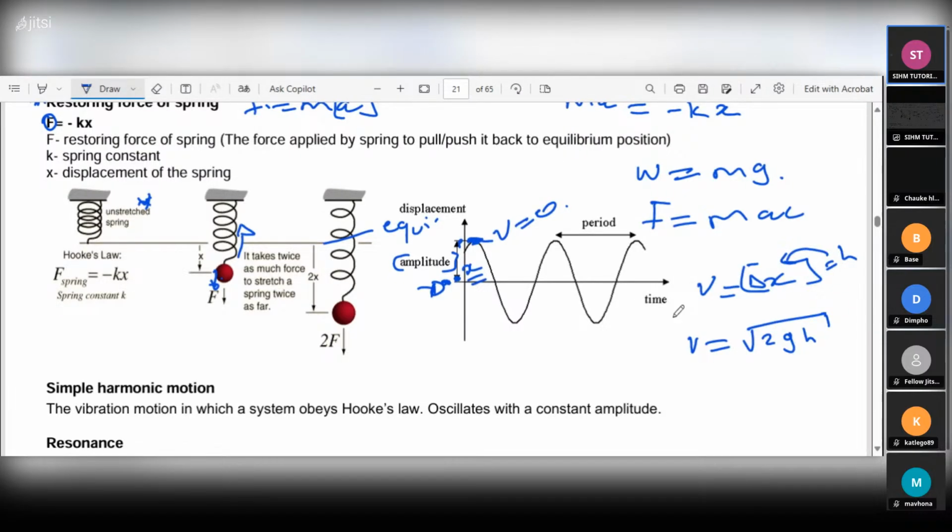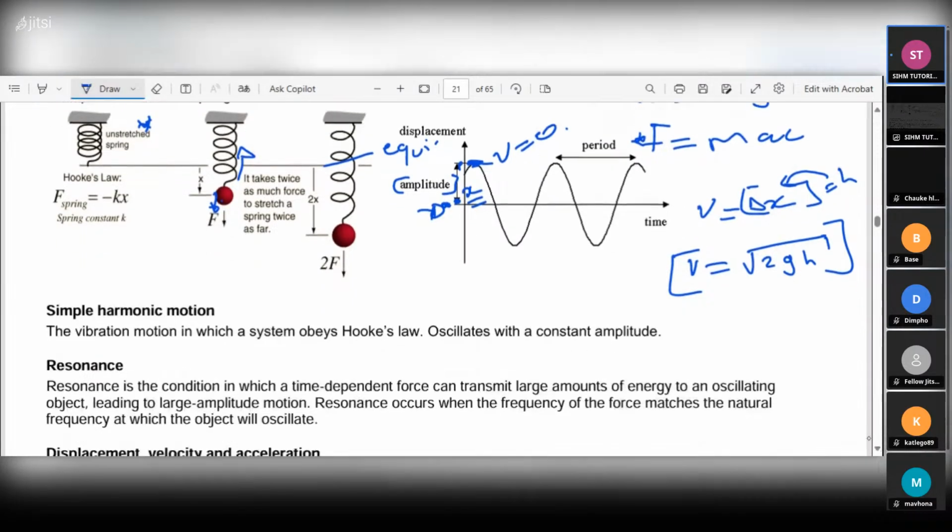So as I was saying, you need to know this formula by heart. If you don't know it, start to memorize it, put it inside your heart so that you can go everywhere with it. From this point, we'll have the amplitude and also the period.